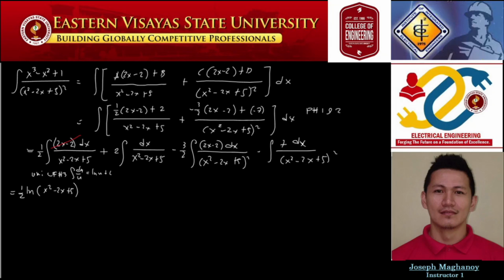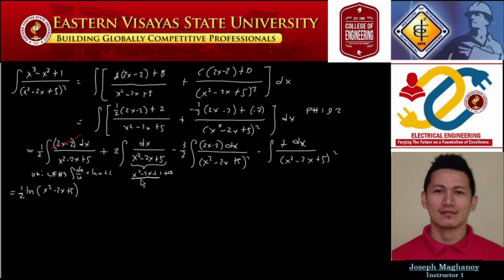In our second term, we have a denominator x squared minus 2x plus 5. We need to factor out this denominator. If we factor out x squared minus 2x plus 5, we can write it as x squared minus 2x plus 1 plus 4.